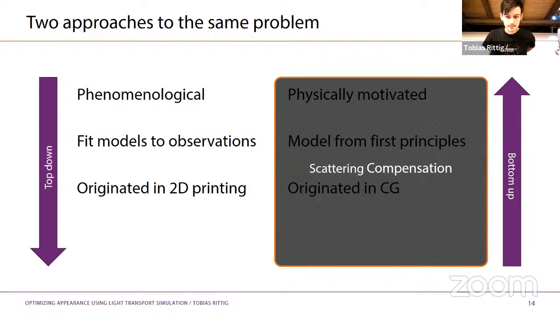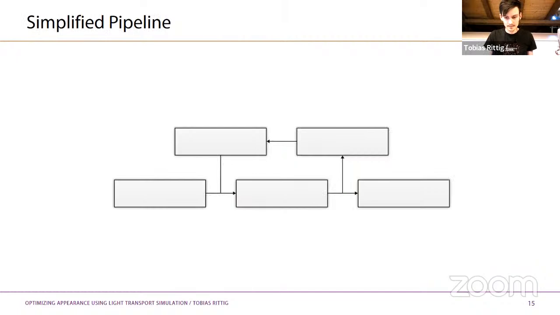So how do these 2 approaches differ technically? In recent years, they've been growing quite a lot together, but a fundamental difference is that we've seen this pipeline before in Philipp's talk, and here I only show it very simplified.